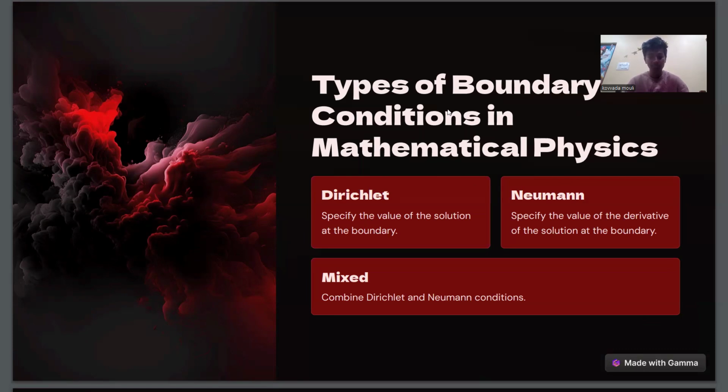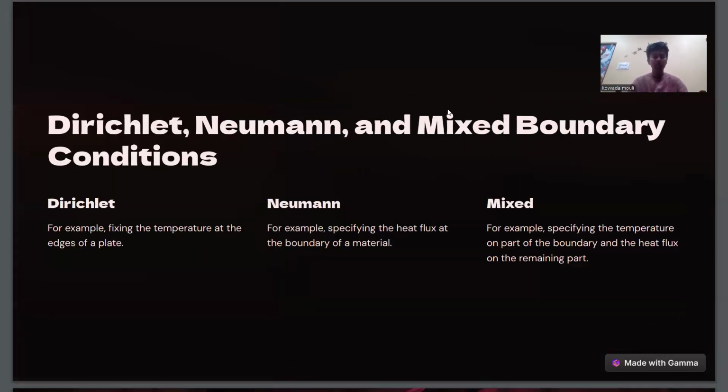And the next point is boundary layer theory. In fluid mechanics and applied mathematics, boundary layer theory helps understand solutions of BVPs where rapid changes require special analysis techniques. And the next one is nonlinear extensions.